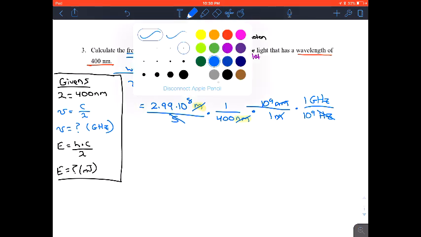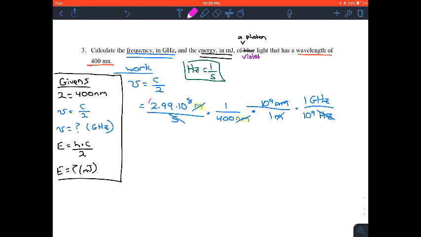Now we take it to the calculator. So what do we punch in? Parentheses divided by 400 nanometers multiplied by 10 to the 9th divided by 10 to the 9th. Oh, would you look at that? We have 10 to the 9th in the numerator here, 10 to the 9th in the denominator here.